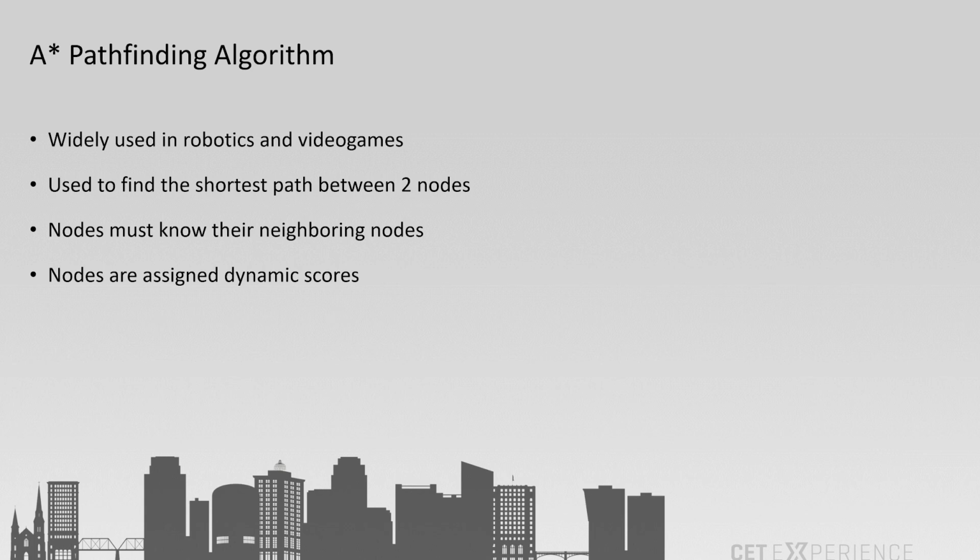Nodes are assigned dynamic scores based on how far they are away from their neighbors and how far they are from the start of the path that's being created and the goal or the end of the path.